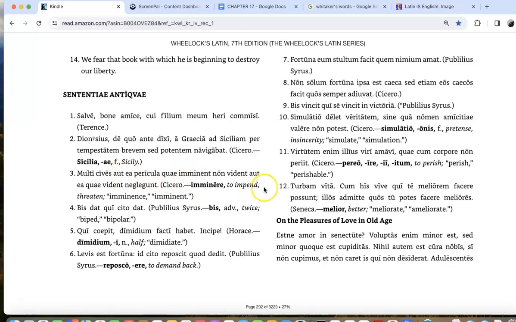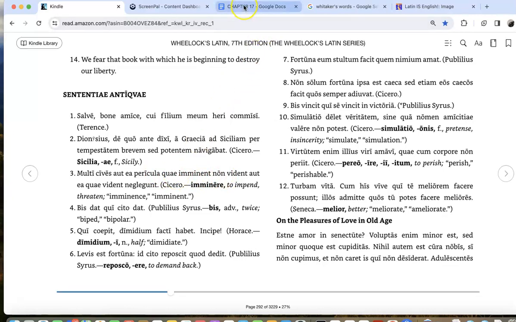Now, aut means either or, so it just needs to be memorized as a conjunctive pairing. So either what or what. So many citizens either do not see those dangers which threaten. Let me write that out first.